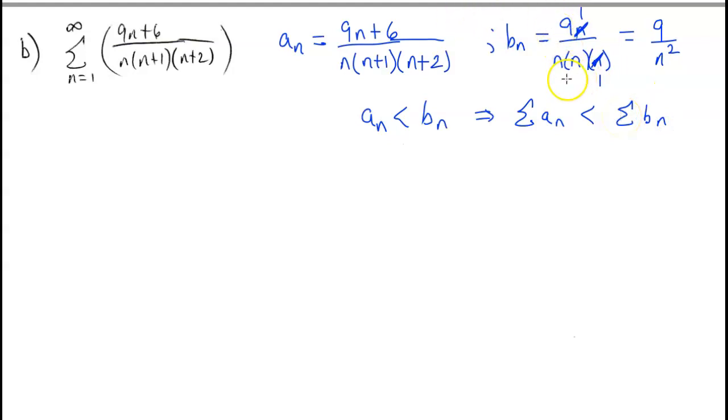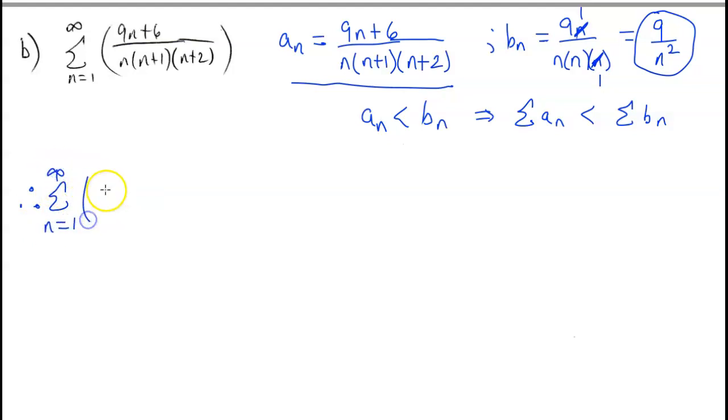Now, we look at this and this is the corresponding sequence for the series that we're trying to figure out. But here is the series that we want to use. Again, this looks like another p series, right? So we have this, we got 9 over n squared here.